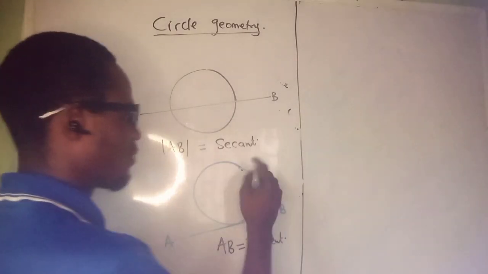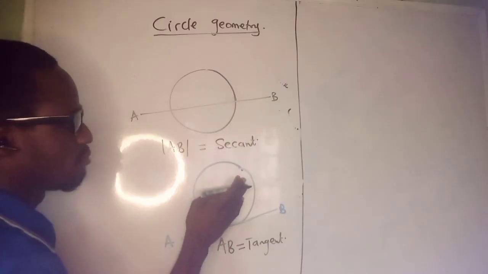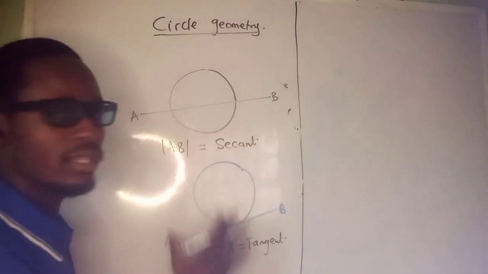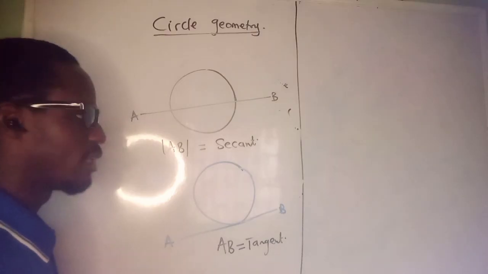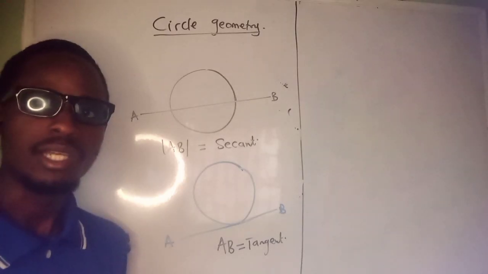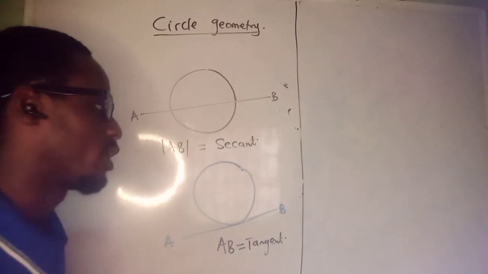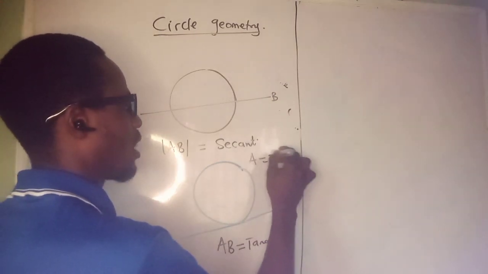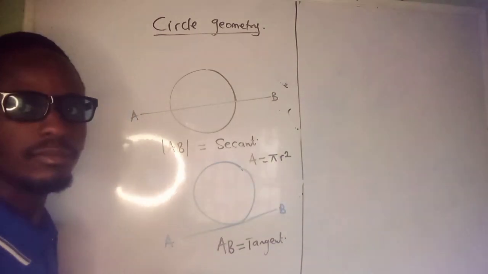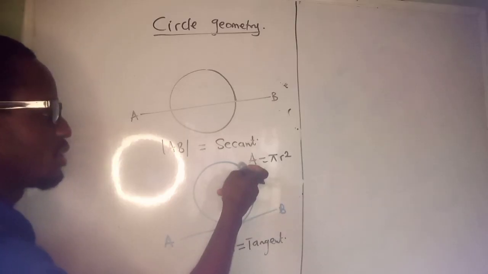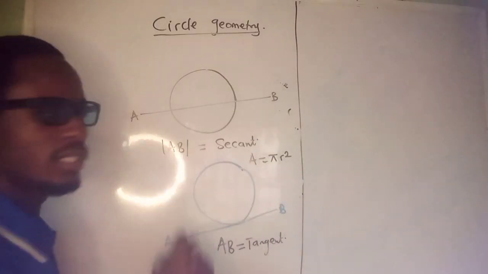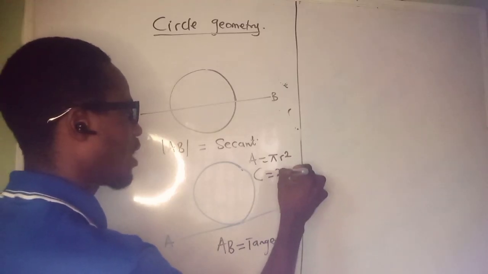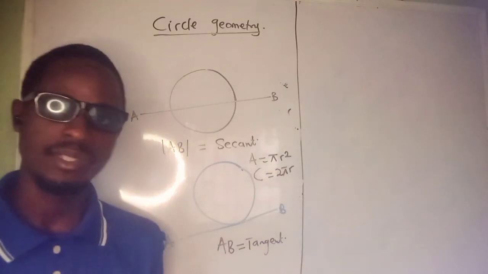So we know that the area of the circle is how wide the inside of a circle is, and that area is calculated using pi r squared. And then the perimeter, which is the distance round the circle, called the circumference C, is 2 pi r, where r is the radius.